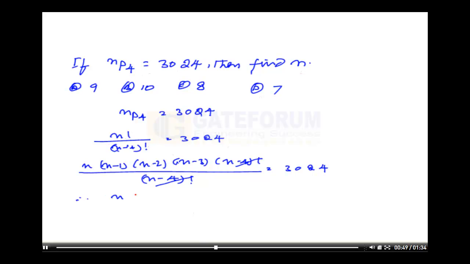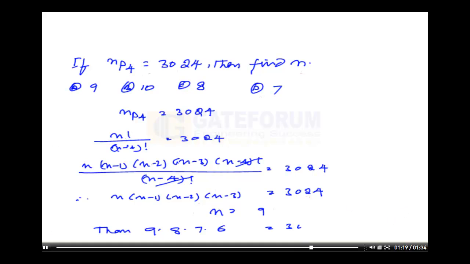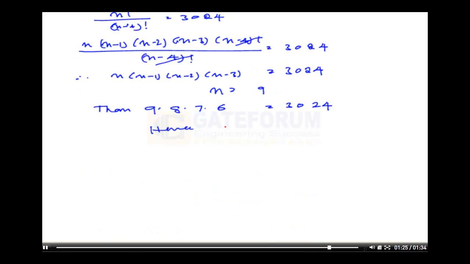Therefore n into n minus 1, n minus 2, n minus 3 equivalent to 3024. Here we shall take n a proper value so that the product of 4 consecutive numbers is equivalent to 3024. If you take n equivalent to 9, then 9 into 8 into 7 into 6 equivalent to 3024. Hence n equivalent to 9 is the required answer.